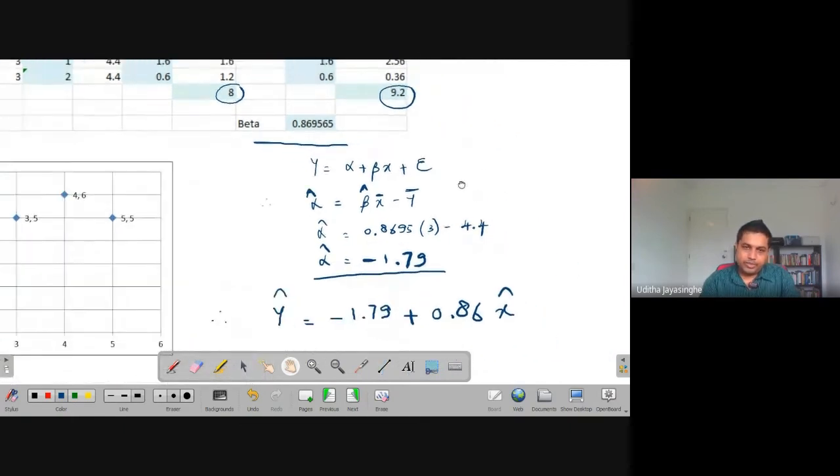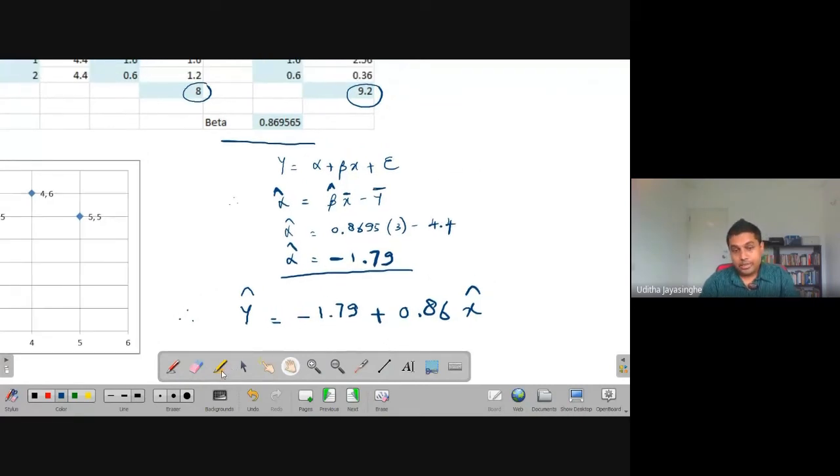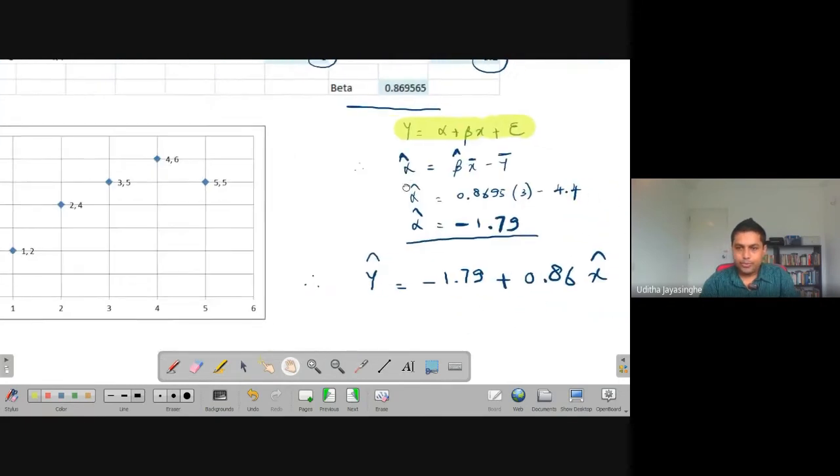Once you come here, what's the assumption that we are going to make? We are going to assume that the line is going to be something like this. Y is equal to alpha plus beta x plus epsilon. So for these assumed points, now the beta is being calculated and we know x bar and y bar. It's over here, x bar is 3 and y bar is 4.4.